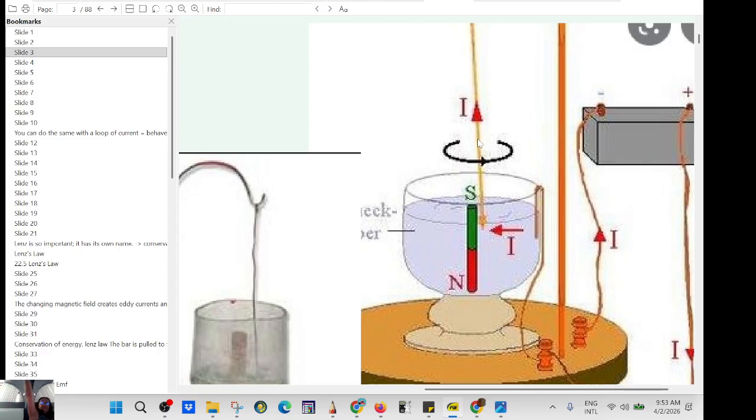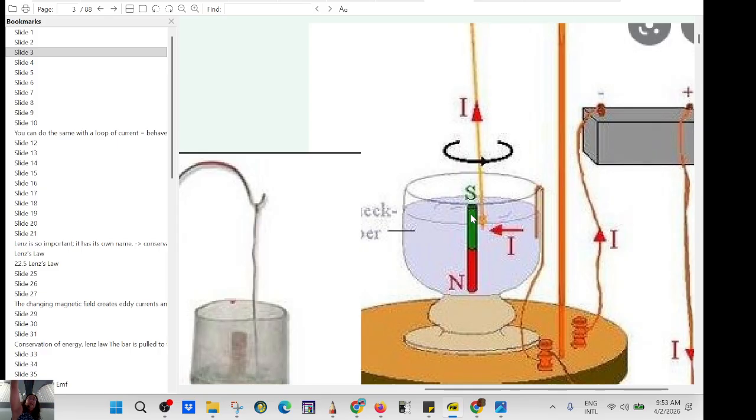So if you take your right hand, the current is going this way, and the magnetic field is up. The magnetic field is up, so the force is in. The force is in. So you're going to have a force applied to this wire into the board.